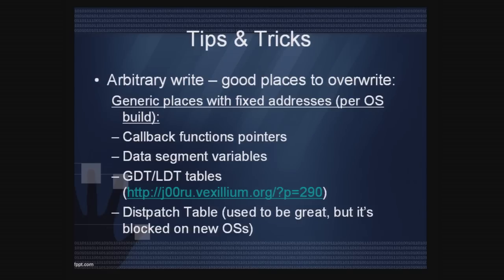There's many examples in the kernel. The kernel is full of callbacks. One of my favorite ones is the page fault notify routine. Basically almost every access violation that you raise will result in a call to that callback function. So if you can override that before the access violation, you're in business.